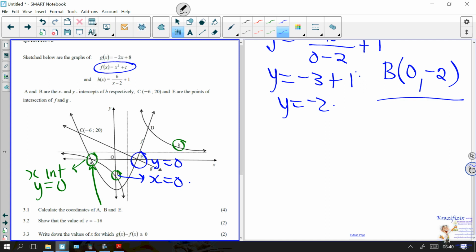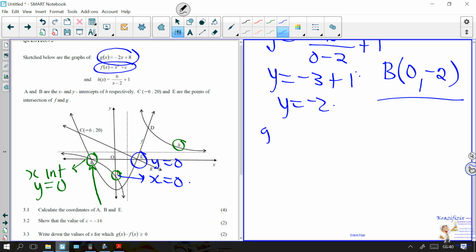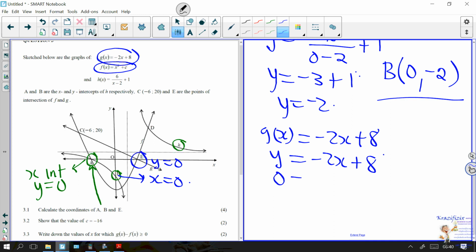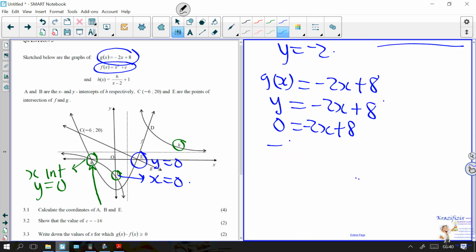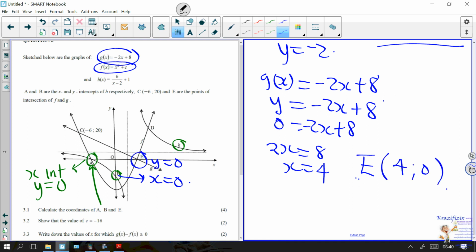I'm going to explain this in two ways. Let me start using g of x first. g of x is negative 2x plus 8. Remember, this also means y value. At point E, our y equals 0. So 0 equals negative 2x plus 8. We can therefore say negative 2x equals negative 8, and x equals 4. So what's my coordinate there? It's (4, 0).